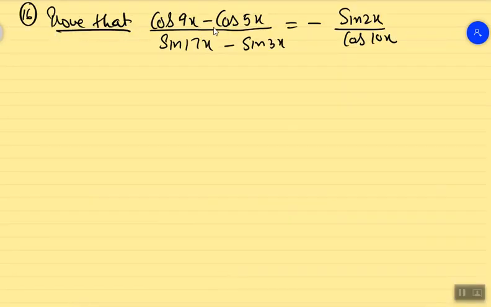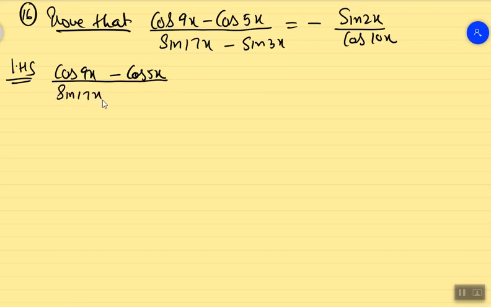Prove that (cos 9x minus cos 5x) over (sin 17x minus sin 3x) is equal to minus sin 2x over cos 10x. So let me start with the left hand side: cos 9x minus cos 5x over sin 17x minus sin 3x.